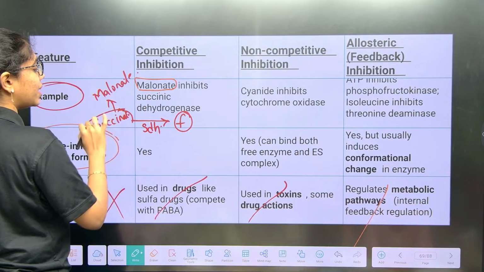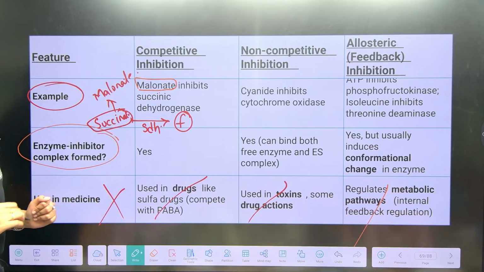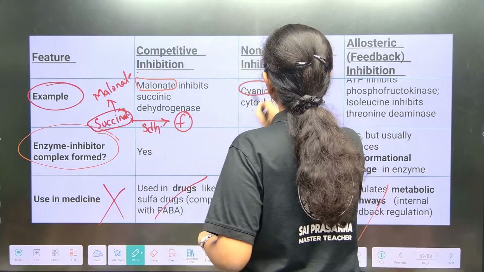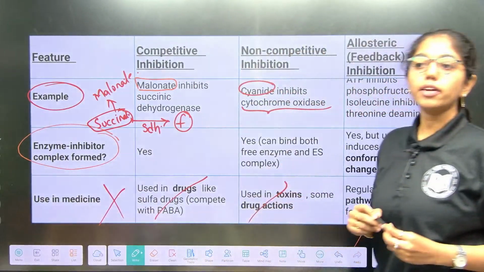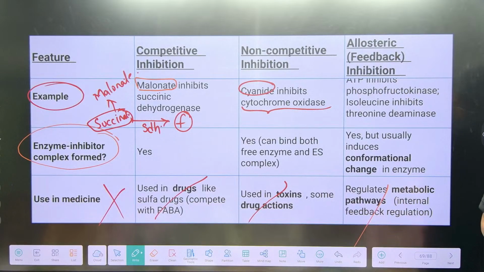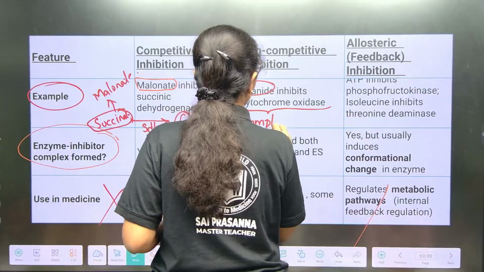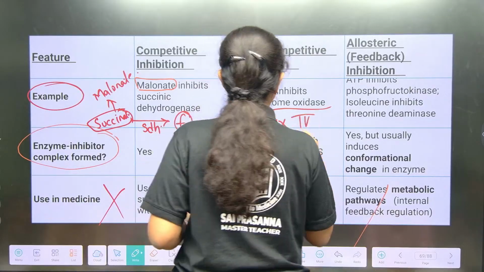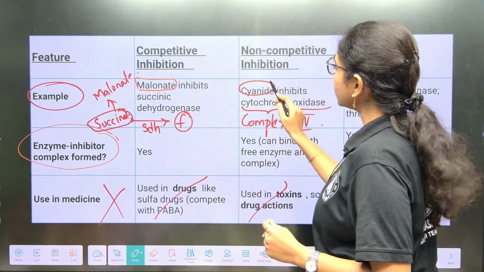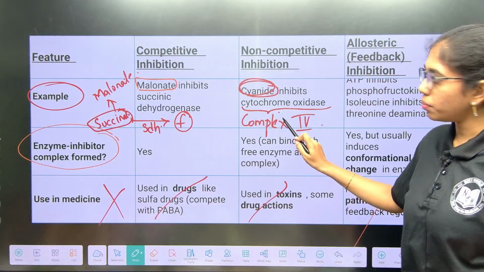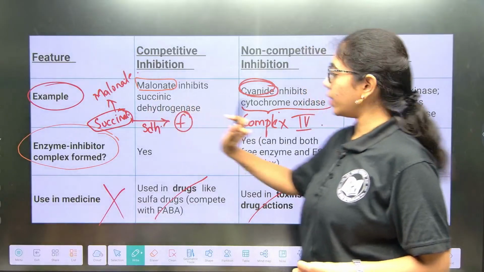This you will observe in the TCA cycle or Krebs cycle. Here cyanide will inhibit cytochrome oxidase. Cytochrome oxidase is complex 4 in your ETS. This activity is inhibited by what? Cyanide. This is non-competitive inhibition, and this is competitive inhibition.